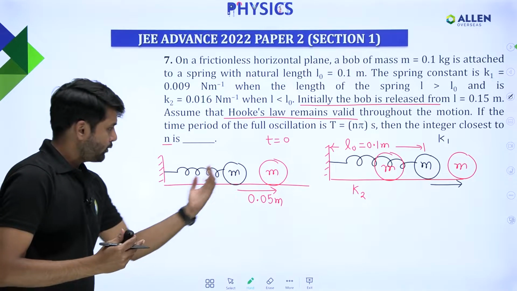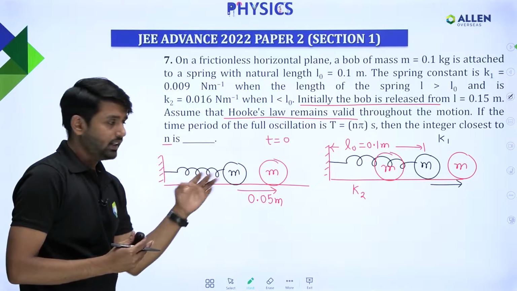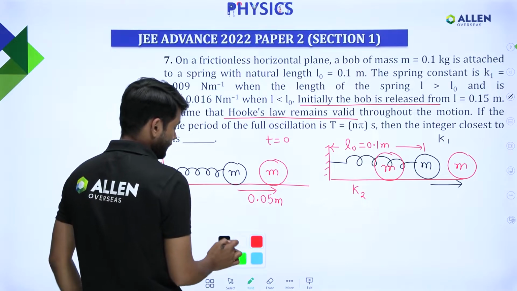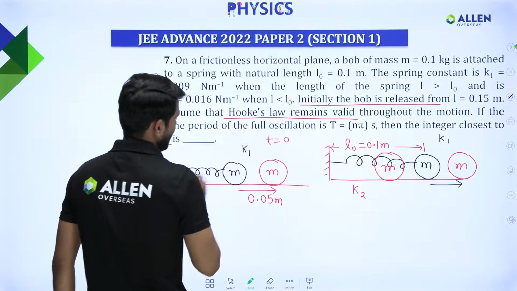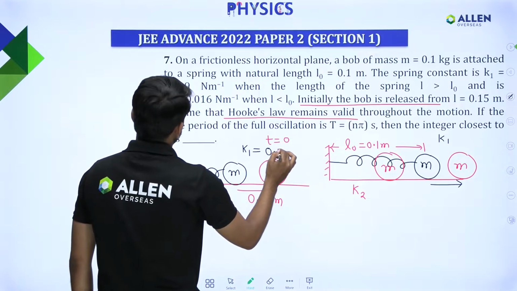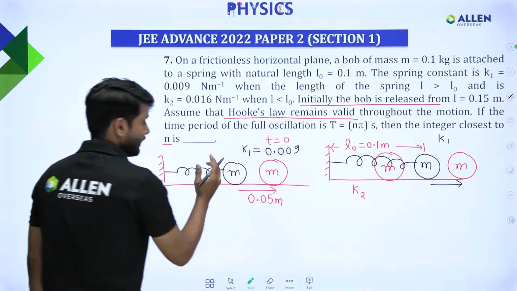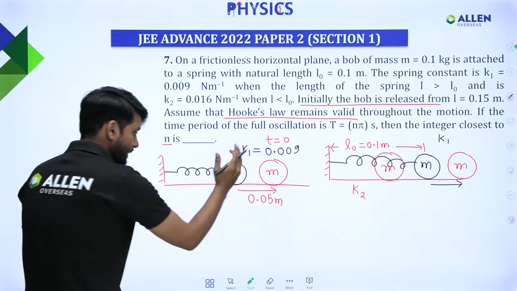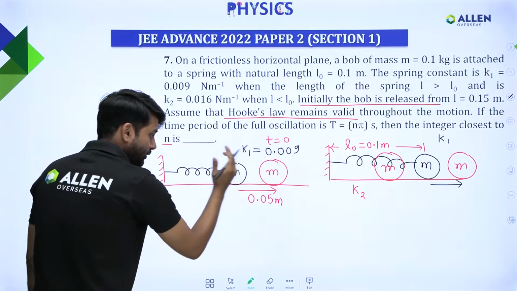Due to the spring force it will go in this direction. At this time the spring constant is K1, and the value of K1 is 0.009. Then it will come to the mean position, then the spring will compress and it will move here.